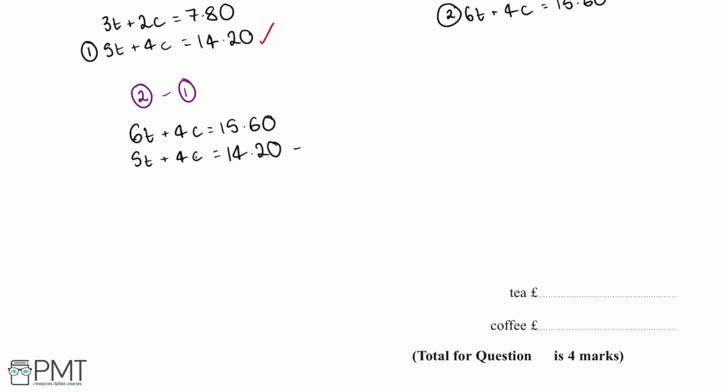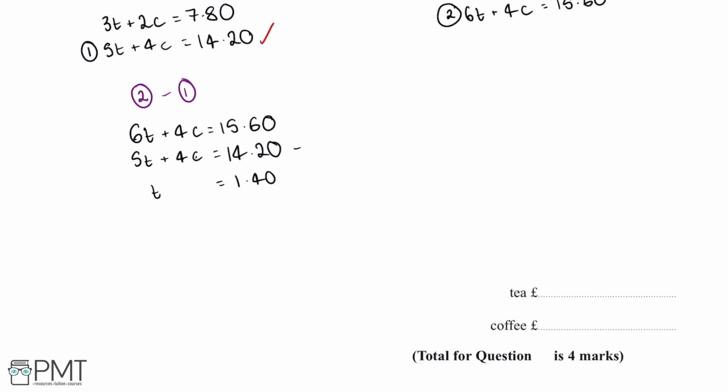So now what we need to do is work out what this is equal to. 6t minus 5t is equal to t. 4c minus 4c is equal to 0. And then £15.60 minus £14.20 gives us £1.40. So this tells us that 1t is equal to £1.40.